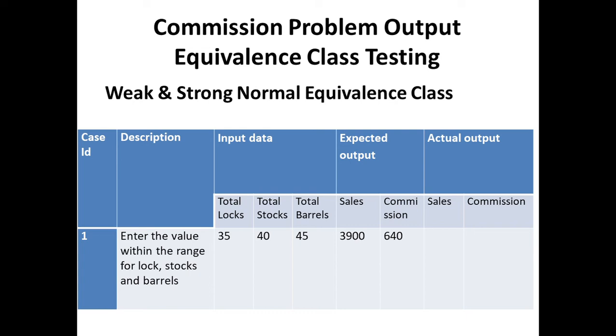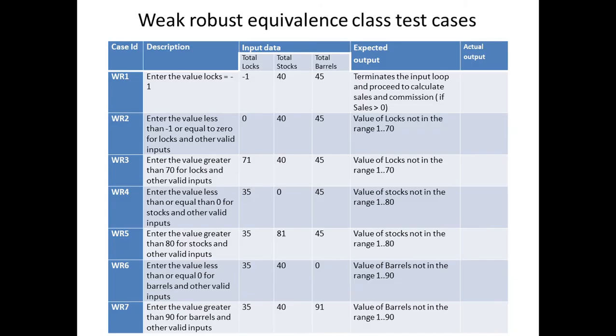So it is always better to write the nominal value for the input in case of weak and strong normal equivalence classes. The nominal value you have to give, and you have to show one possible output. This is about the weak and strong normal equivalence classes.